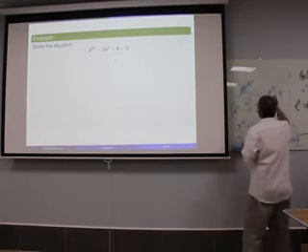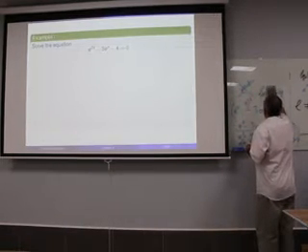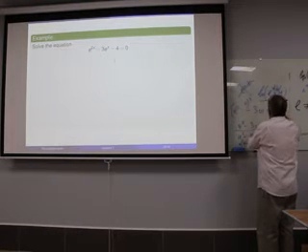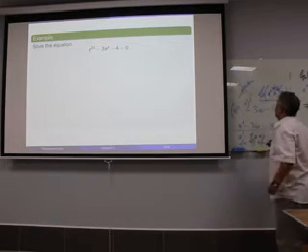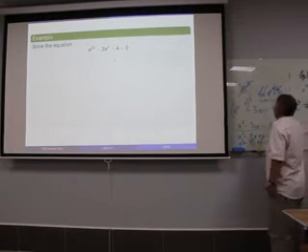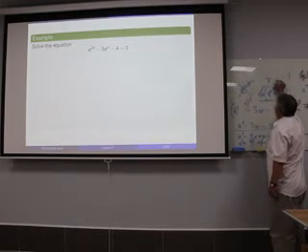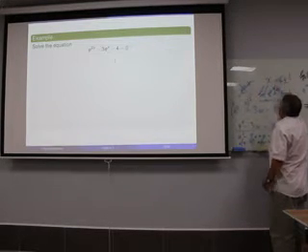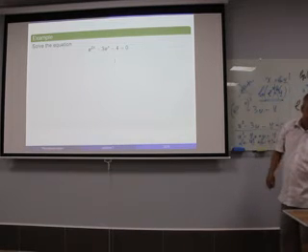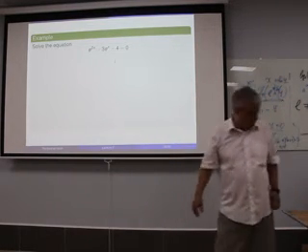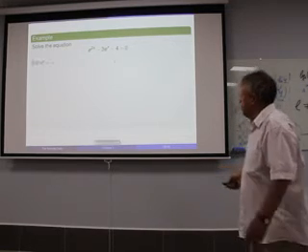Because they are 1-to-1, when we take the logarithm of both sides, we don't lose any solutions. We get exactly the same set. Logarithm of exponential gives x, and here the logarithm of 4. How much is the logarithm of 4? 1 point something.